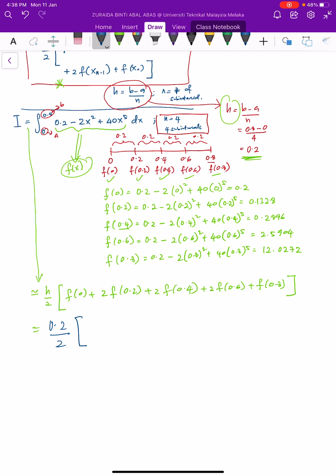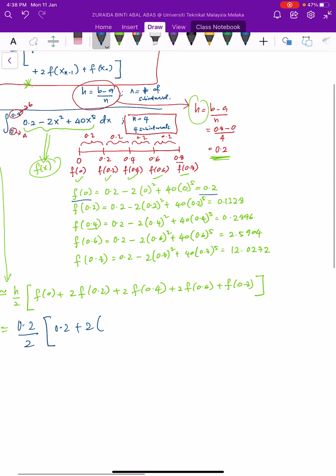Remember that we have evaluated our function f(x) at 0. So this is 0.2 plus 2 times the function when x equal to 0.2, which is 0.1328.